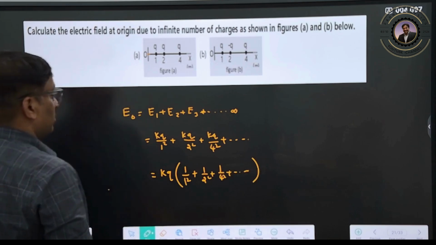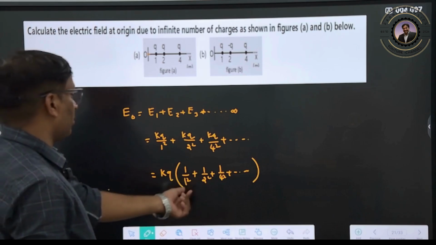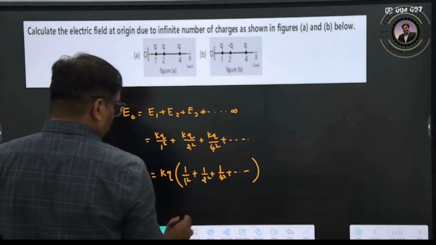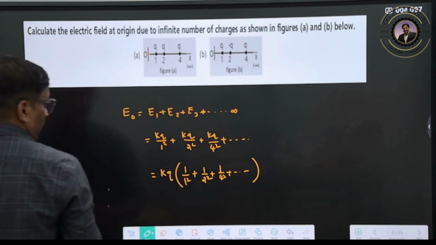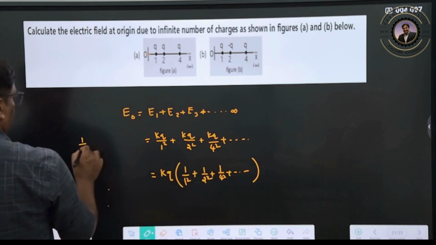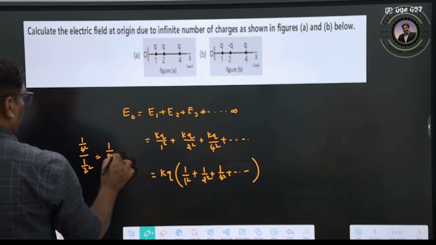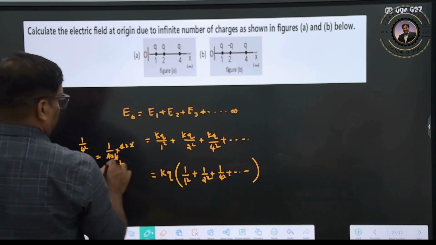How will it be? You can take the ratio: 1 by 2 square divided by 1 by 1 square gives 1 by 4. Then again 1 by 4.